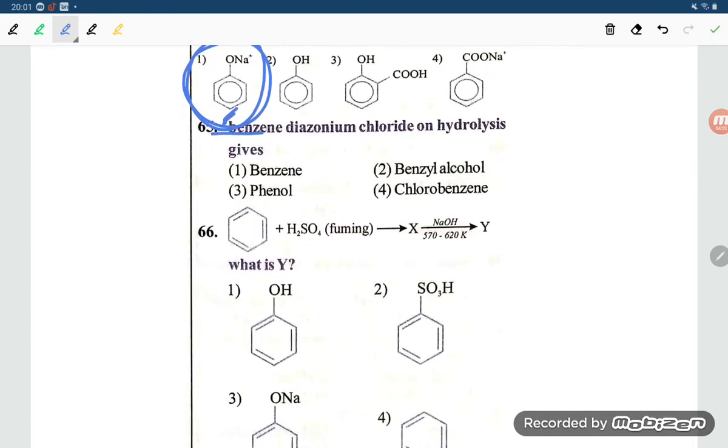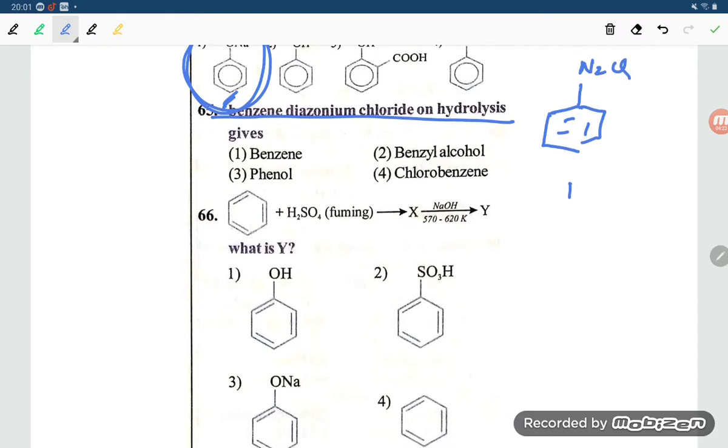Next question, benzene diazonium chloride on hydrolysis gives. If you have benzene diazonium chloride and you do the hydrolysis, let us see what it will give. Here is N2Cl, benzene diazonium chloride, and you are doing the hydrolysis, H2O.